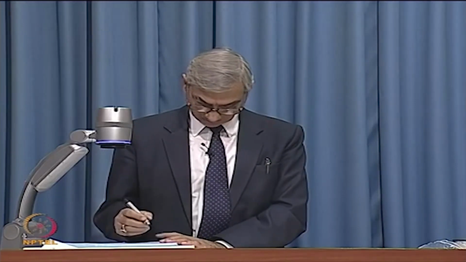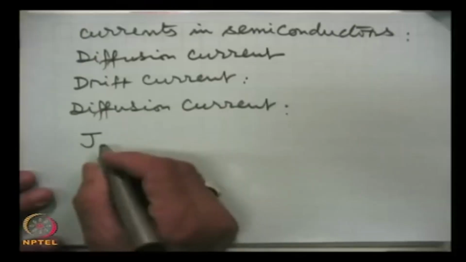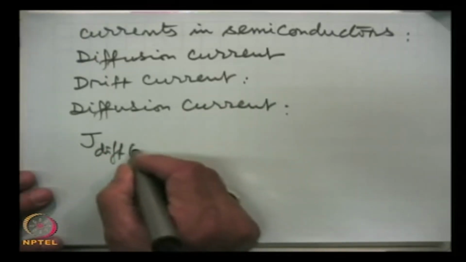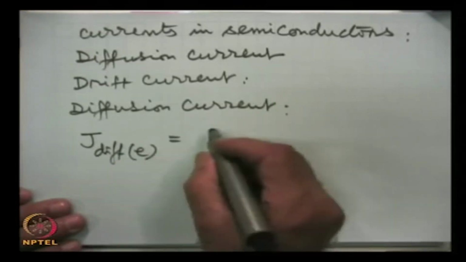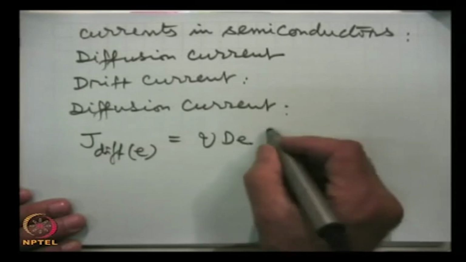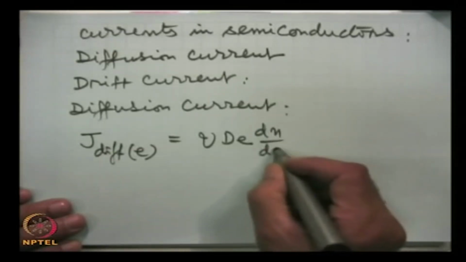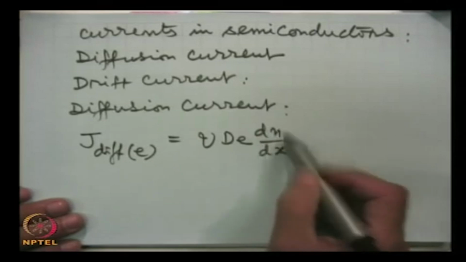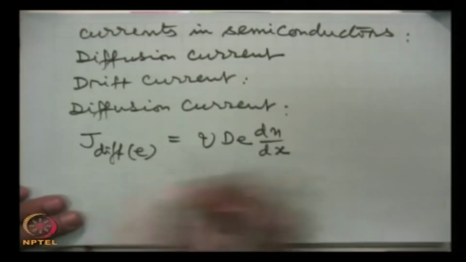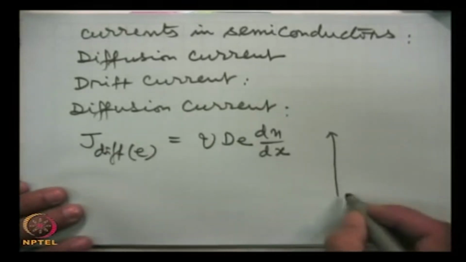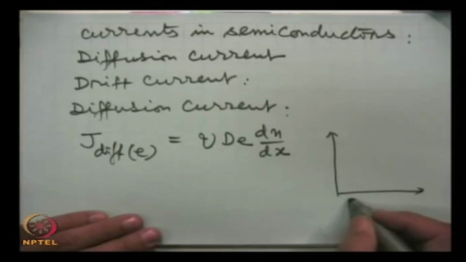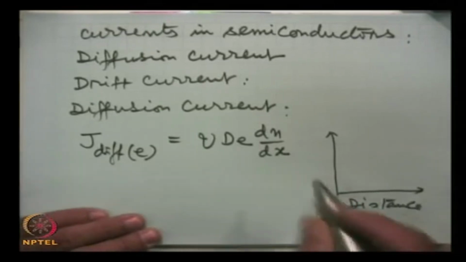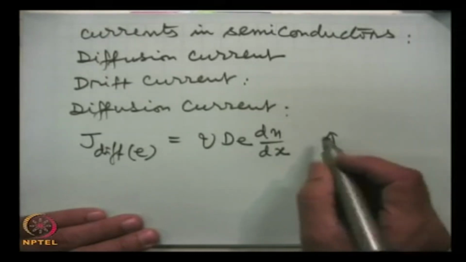So, this arises because of the concentration gradient, and this can be represented as current density due to diffusion of electrons, which we write as q D dN by dx. This is the gradient. If there is no variation, this factor is 0, and current due to diffusion will be 0. This we can show like this. This is distance and this is electron density.